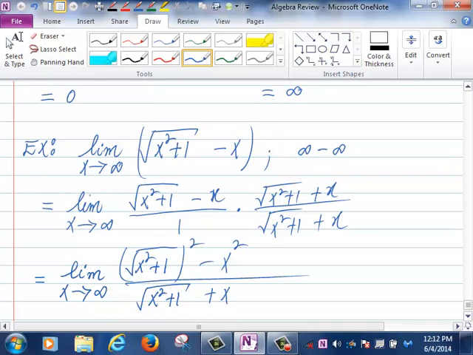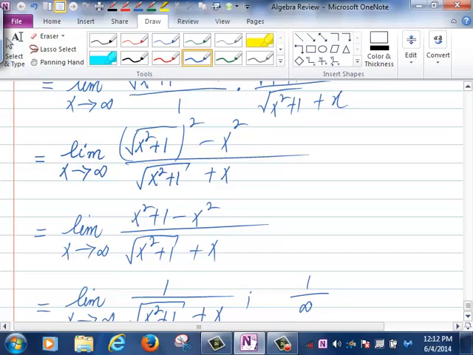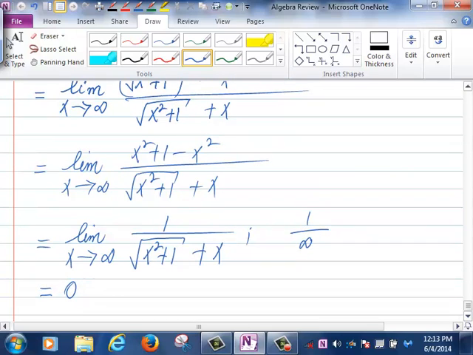You're going to get the same answer. So if I multiply out, that's what I get. And then the square of this guy is x squared plus 1. The square is here. x squared and x squared cancel out. And if I cancel out the x squareds, I end up with 1 divided by the root of x squared plus 1 plus x.